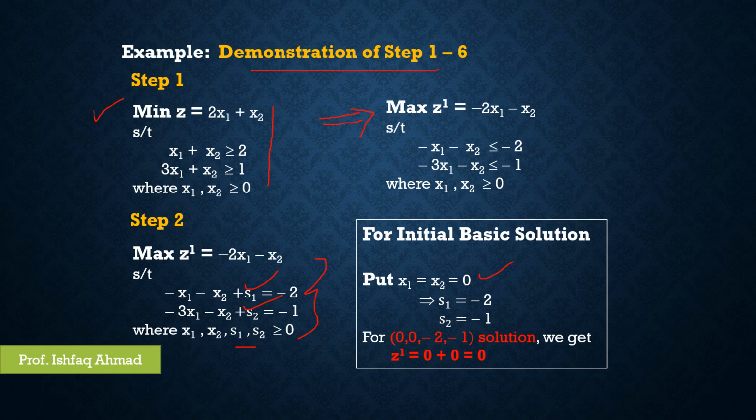So here is the tuple for solution 0, 0, minus 2 and minus 1. So in this solution x1 and x2 are 0 and s1 is minus 2 and s2 is minus 1. So for this solution we get the objective value as 0.